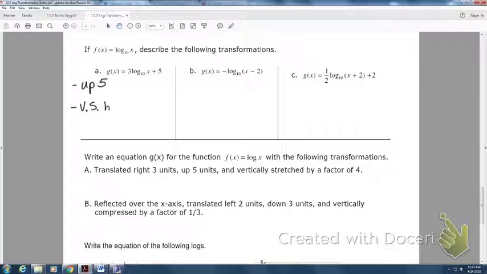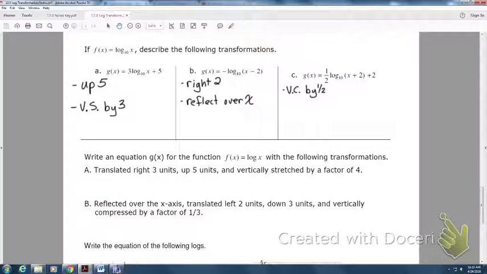Awesome. Going to B, Cade, what's one of the transformations? Right two. Lily, what's the other one? Sierra on C. Vertically compress.